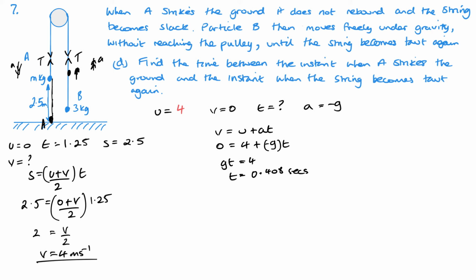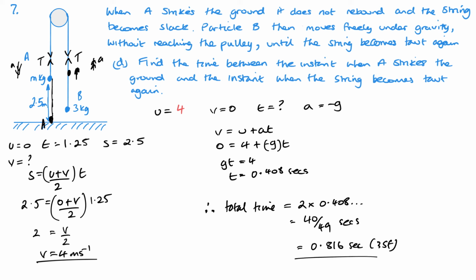And as we said, we need to multiply this by 2, therefore total time equals 2 times my 0.408, which in my calculator I get 40 over 49 seconds, or 0.816 seconds to 3 significant figures. So you can leave it as a fraction or as a decimal here.